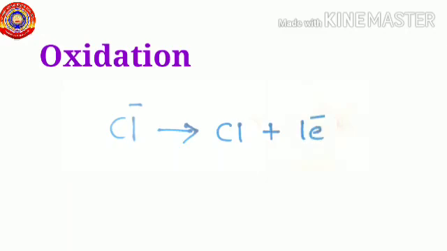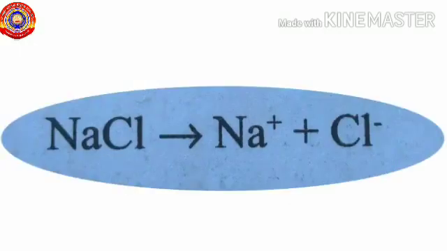Chlorine exists as a diatomic molecule. Since the chlorine atom is unstable, it combines with another chlorine atom to form Cl2. So the gas liberated at the anode will be chlorine. Now which is the ion attracted to the negative electrode, the cathode? Na+. So this ion will undergo reduction.